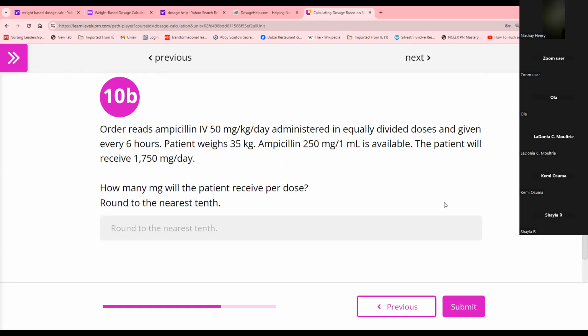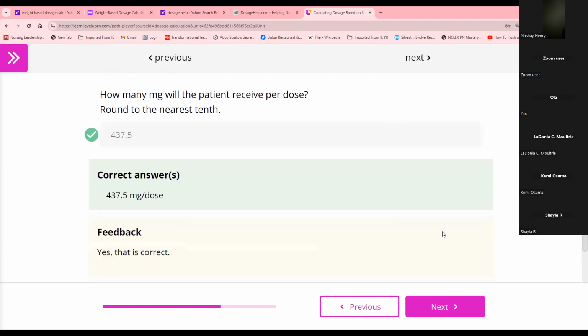So now we're doing per dose. 437.5. Yep, that's what I got. Then it says round to the nearest. Oh, so it's already that. That was your answer. Yes. Great job.